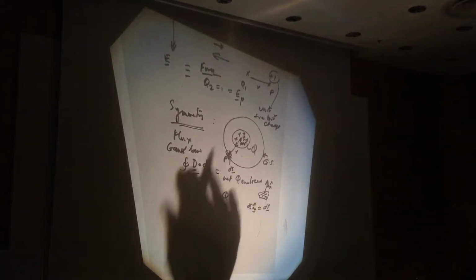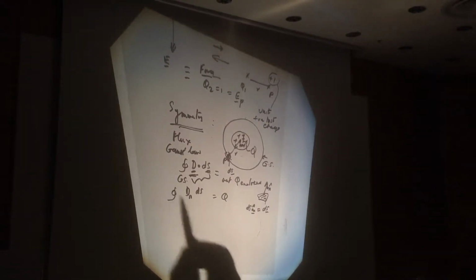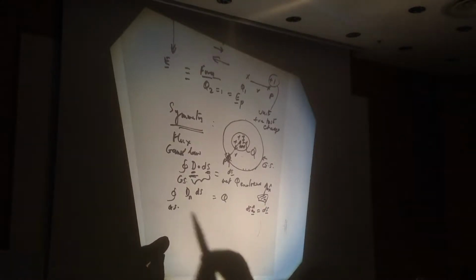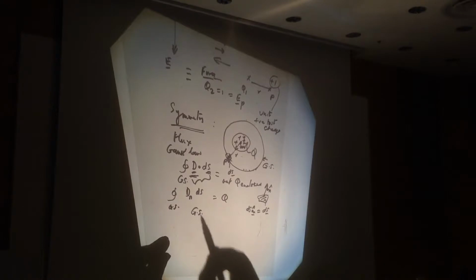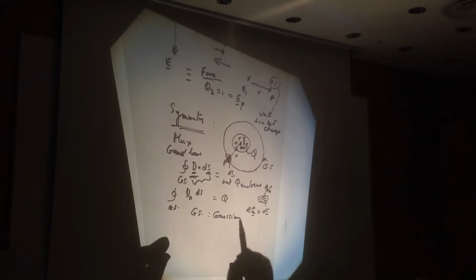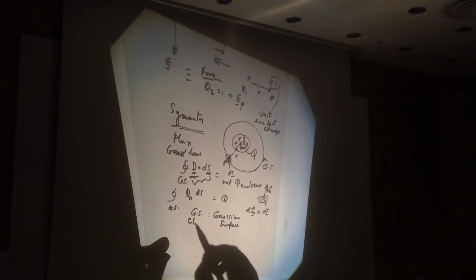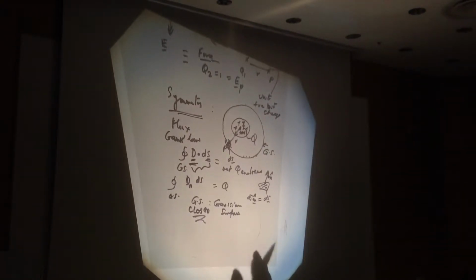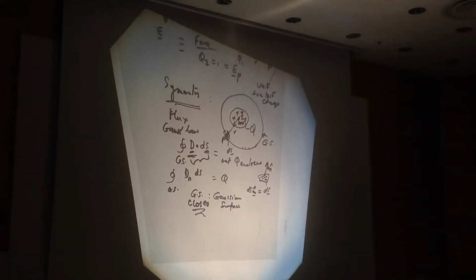So you get the integral over the Gaussian surface equal to the net charge. The Gaussian surface must be closed, it cannot be open.